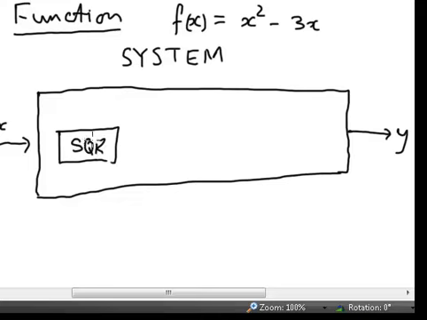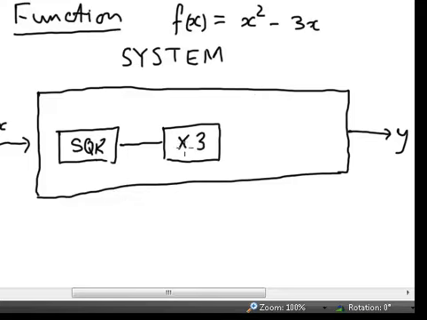So when x comes in here, it will be squared. But x will also pass and come to this box here, where it will be multiplied by 3.